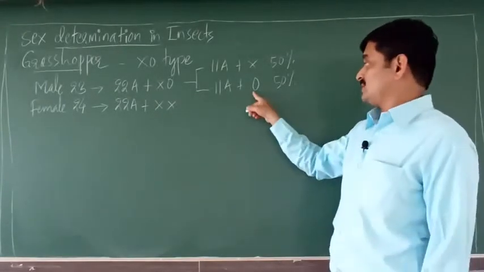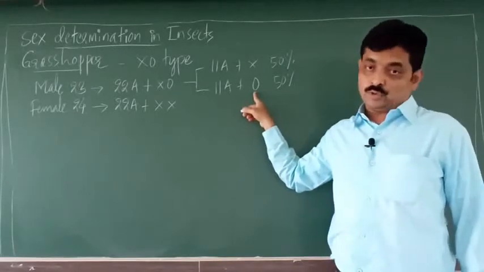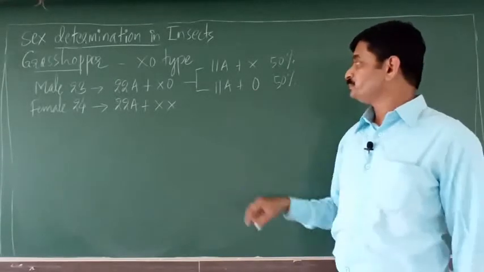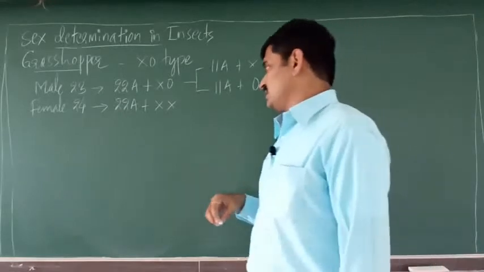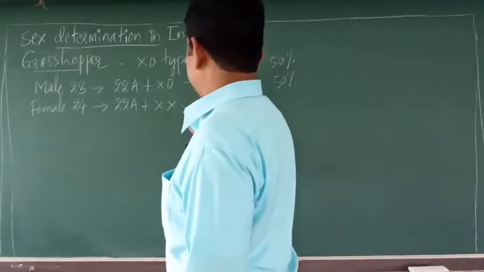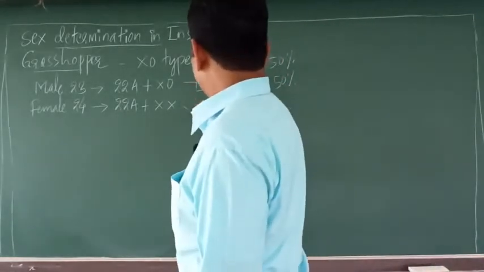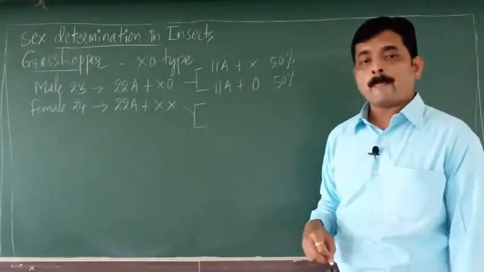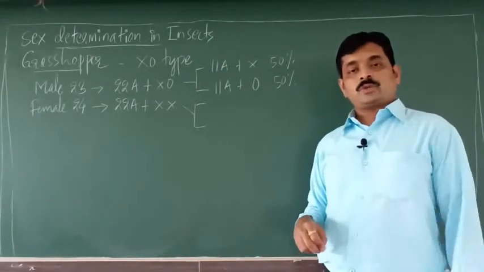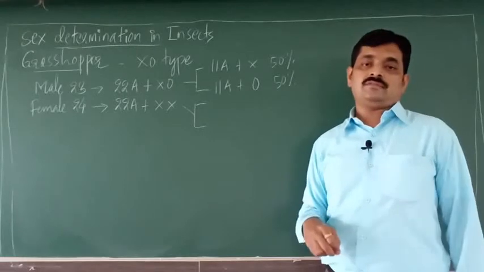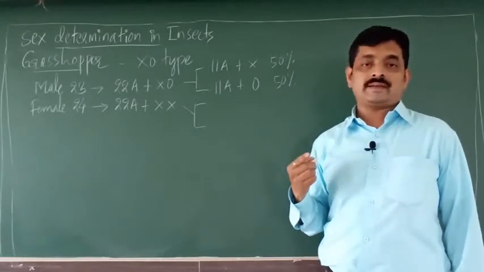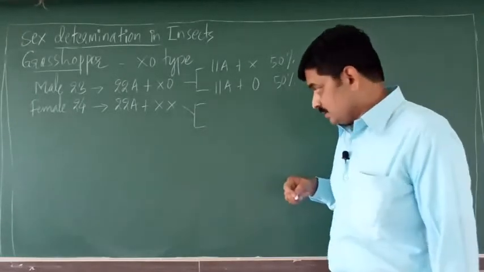So sex chromosome is absent, that's why it is written as 0. Right? Then we shall consider the female. Female will produce eggs. All eggs will have one X chromosome.